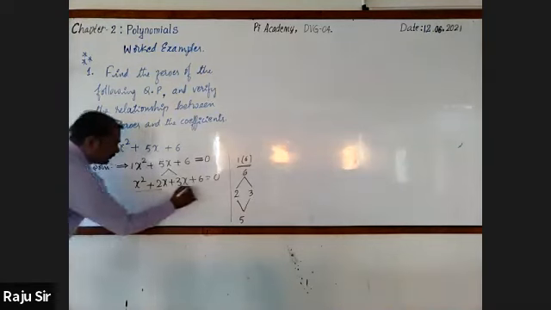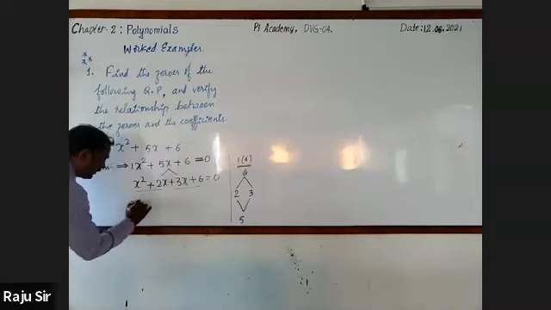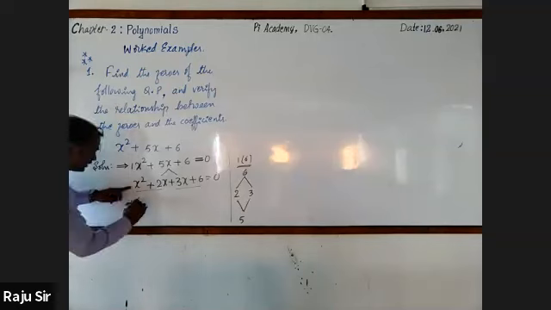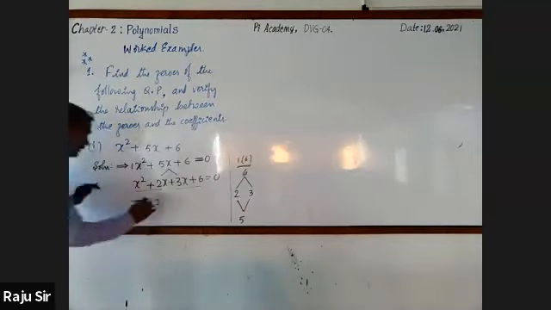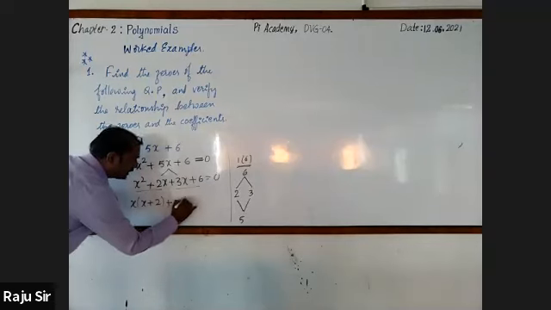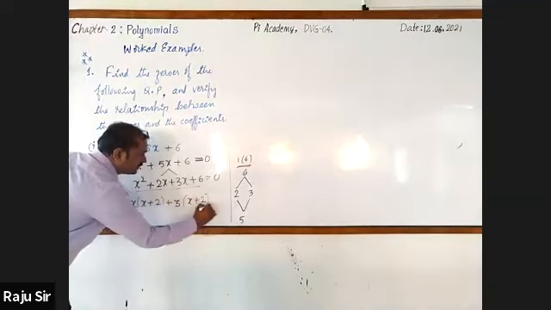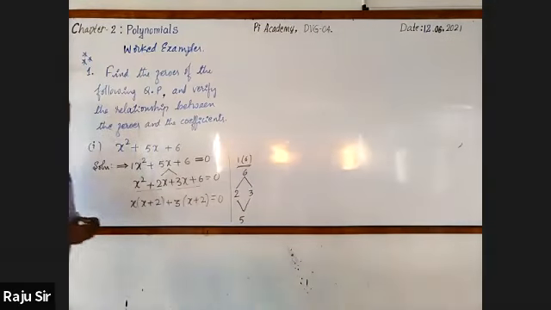Group them and take the common factor. In the first group, x is the common factor, it will be x plus 2. Then here 3 is the common factor, this is x plus 2.